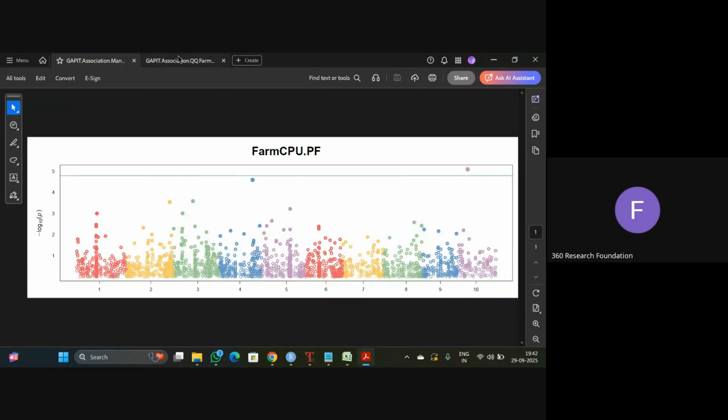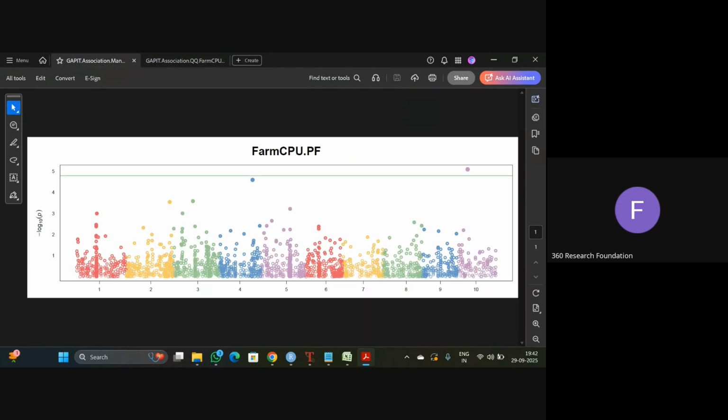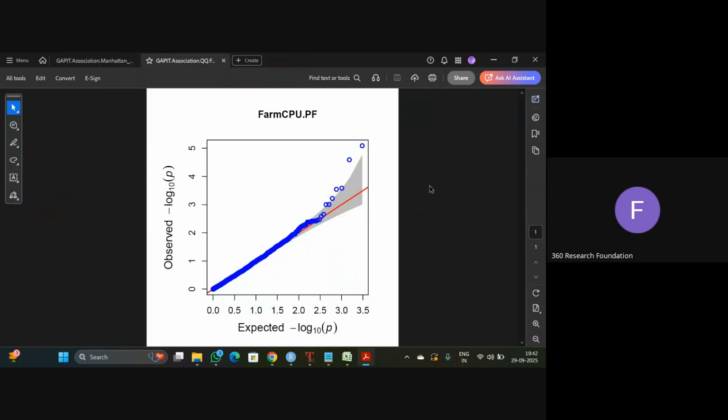So the threshold value you need to decide based on this QQ plot. Or else you can follow the system-generated threshold level also, but based on your data it will be very good for the outputs.